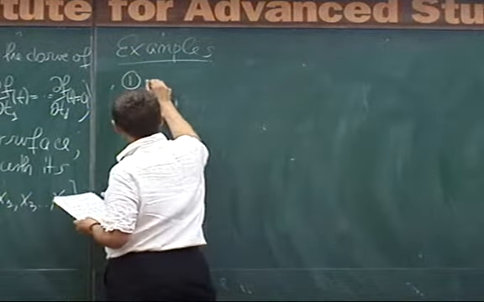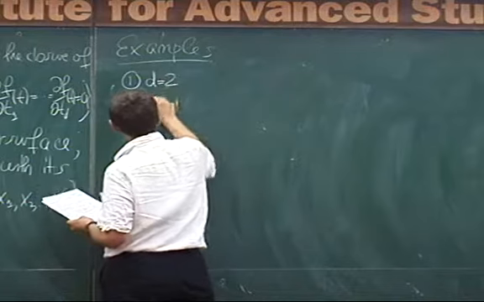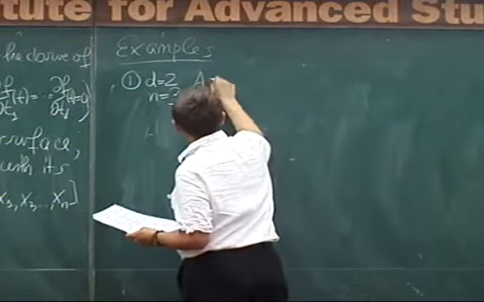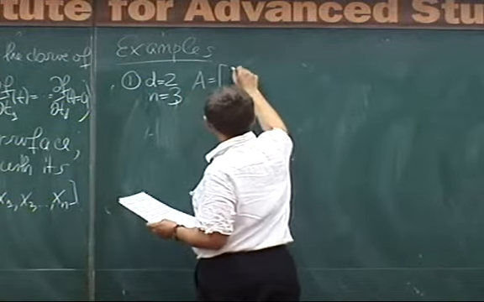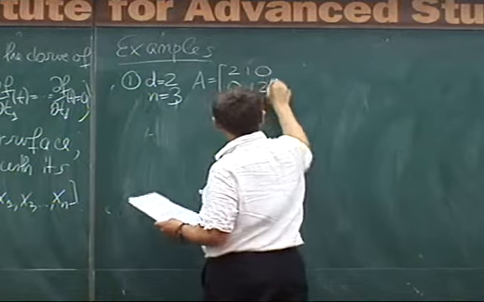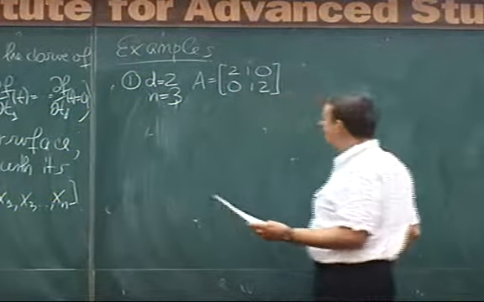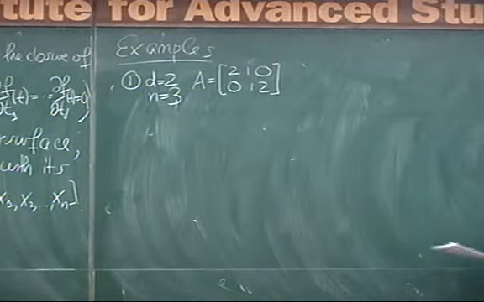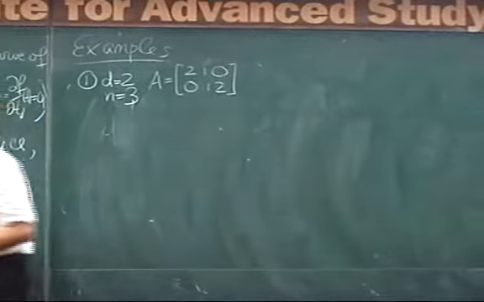The first very easy example, let's take d equals 2, n equals 3. Let's take A to be this matrix: 2, 1, 0, 0, 1, 2. Okay? So in my examples, there's always going to be a picture. Maybe I'll do my pictures in yellow.